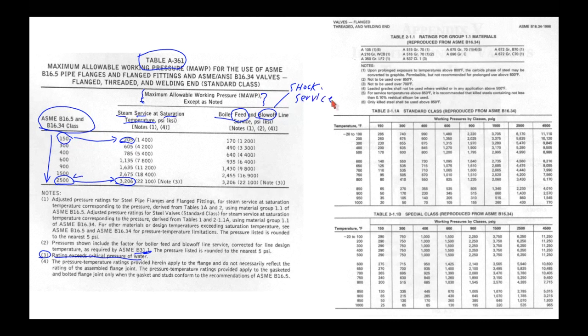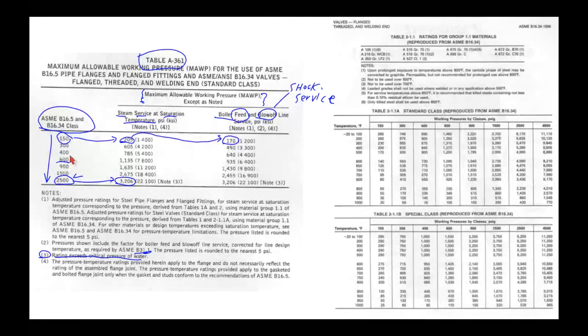And if you recall, B31.1 says we take the MOP of the boiler and add 225 PSI or times 1.25, and that gives you the design pressure for the boiler feed water line or the boiler blow-off line. But now let's take a look at that 150 flange, which was good for 205 PSI. In shock service, it's only good for 170.